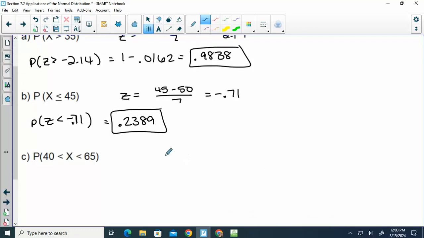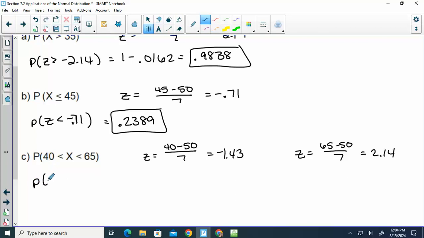And the last one, how do we do between? Probability that our Z is between these values.